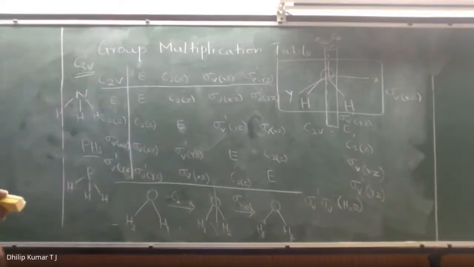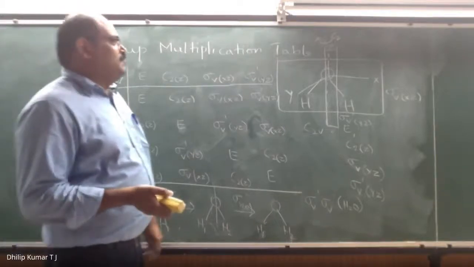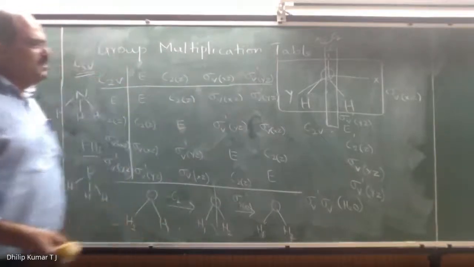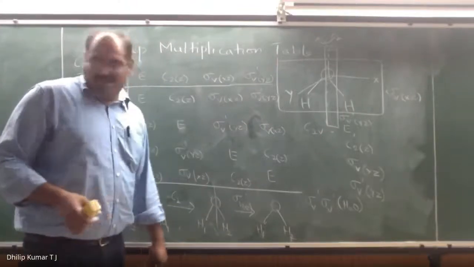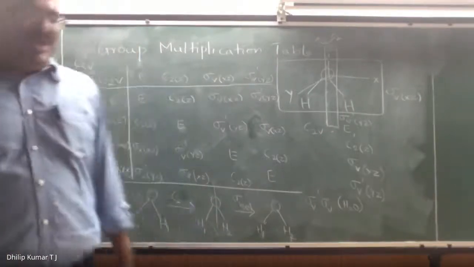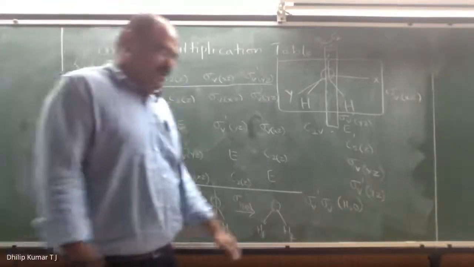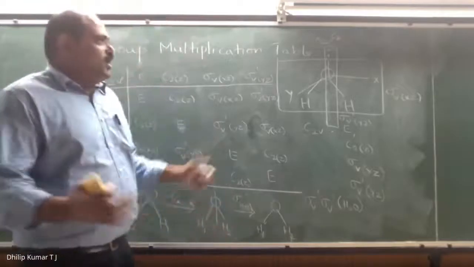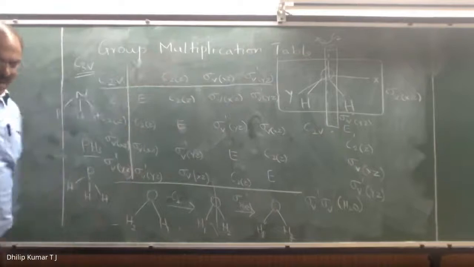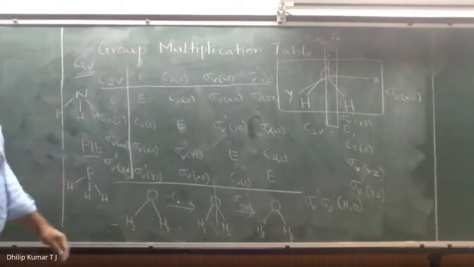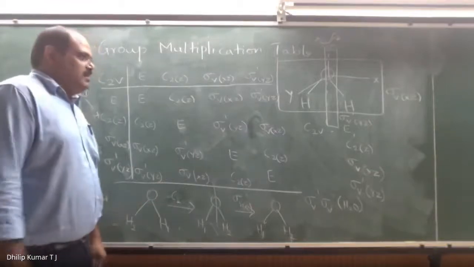Okay, fine. Tomorrow, maybe next class on Friday, we'll start with what I left out, the systematic identification of the point group for a given molecule. There is a flow chart for how to arrive at a point group for a given molecule. We'll just see that. Then we'll go ahead with the multiplication table, and then introduce groups and subgroups.